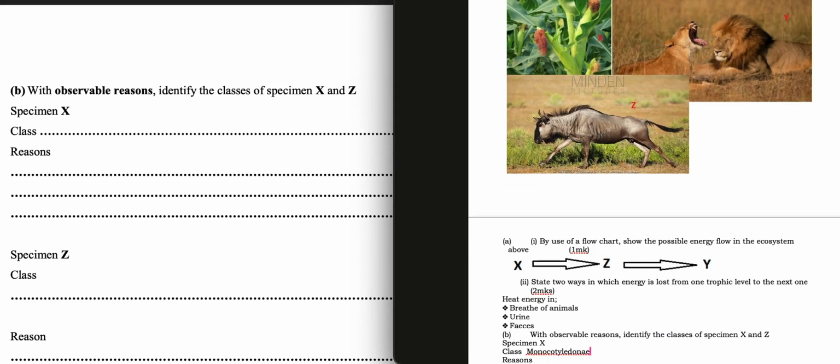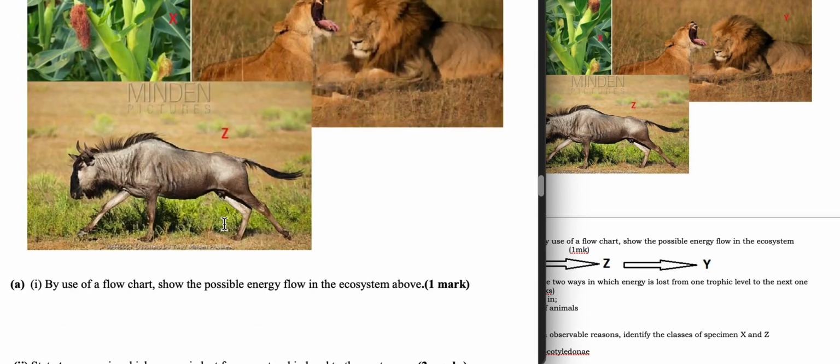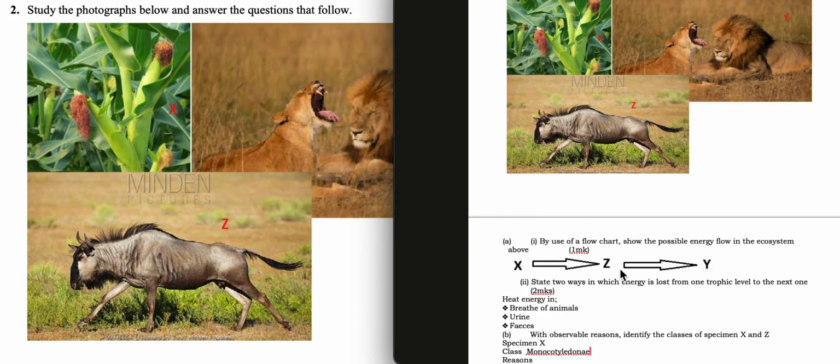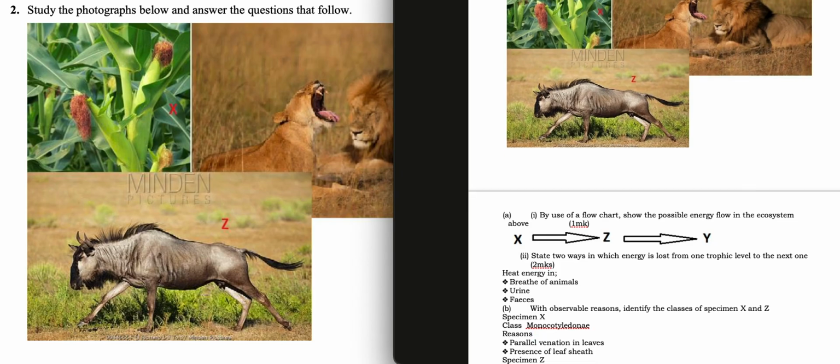So let me go back to the picture so that you can understand as we're talking. Specimen X is monocotyledonae.